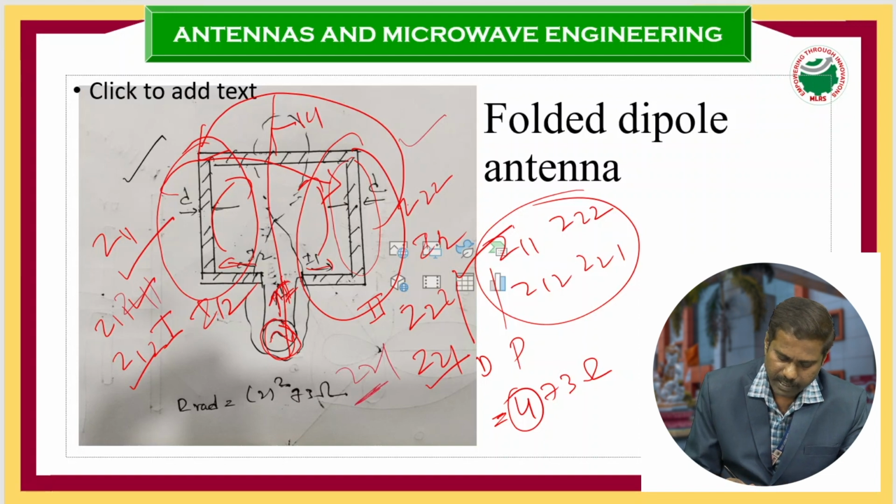In total we get 4, so if you take two dipole antennas and fold them together, we can get the square of the radiation.